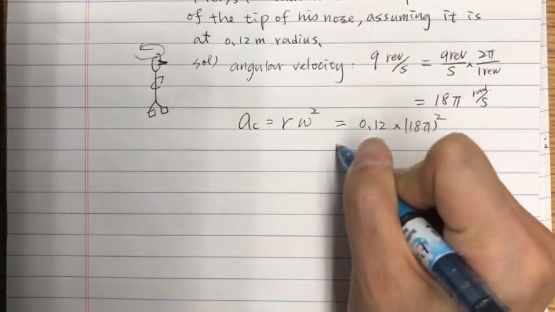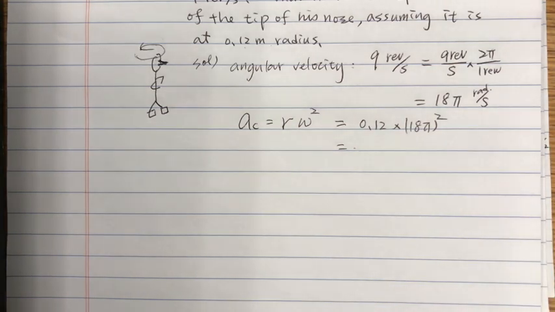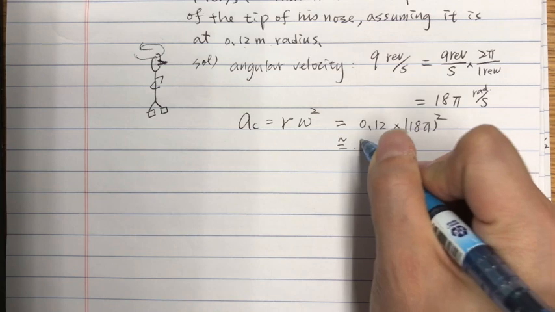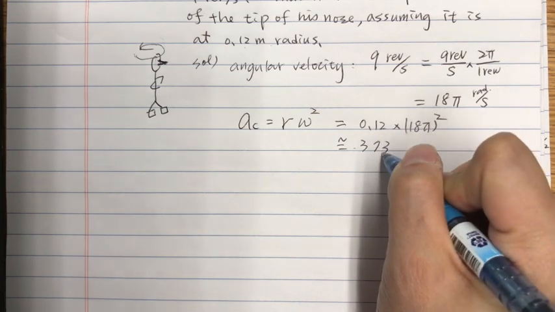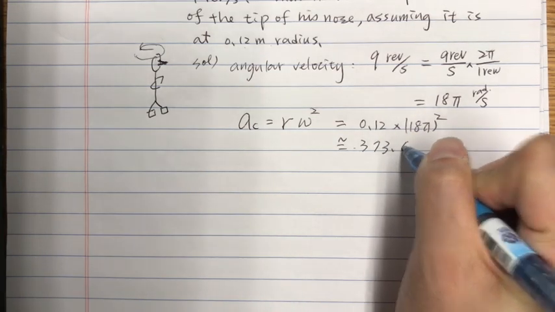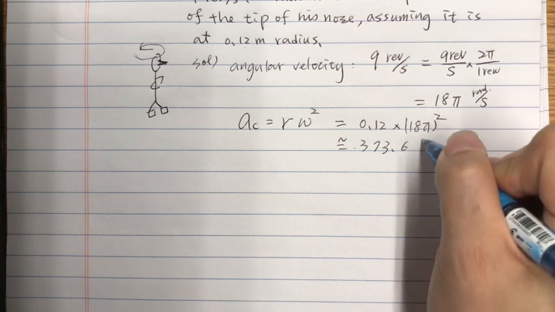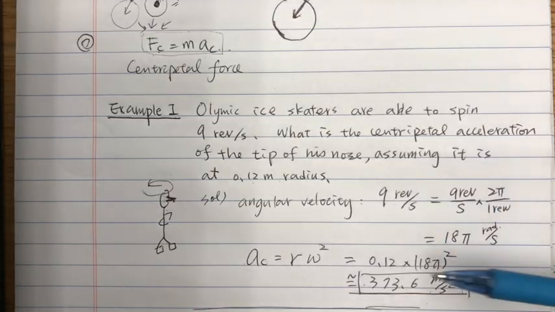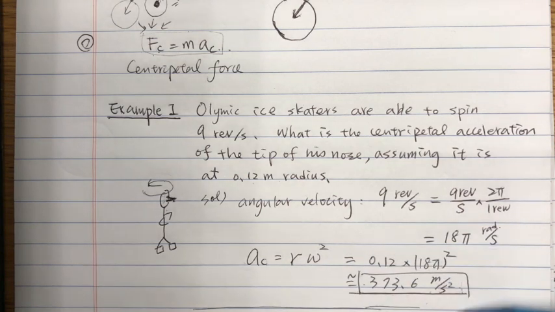So with some simple algebra, this is roughly 373.6 meters per second squared. Okay, so this is our answer here.